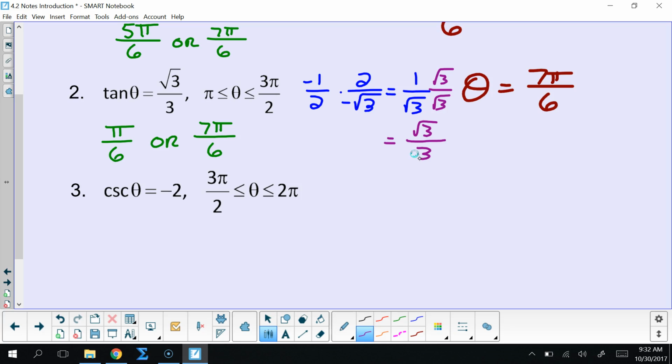Okay. Cosecant equals negative 2. What's another way of writing that? We got help? Okay. I won't let you be right. But another, because cosecant is not on here.